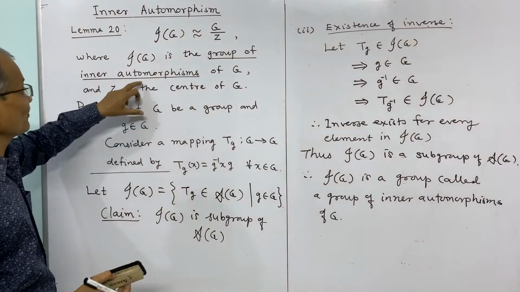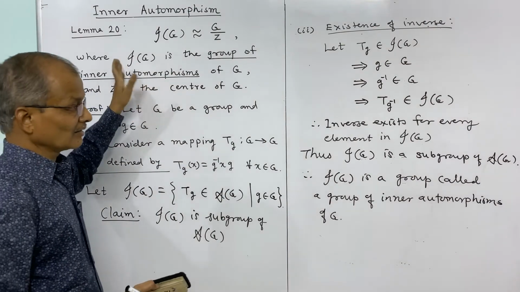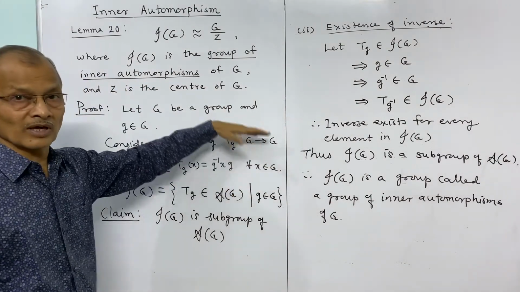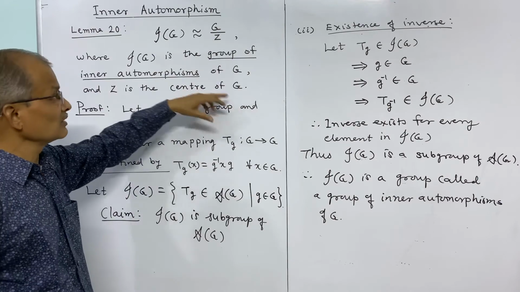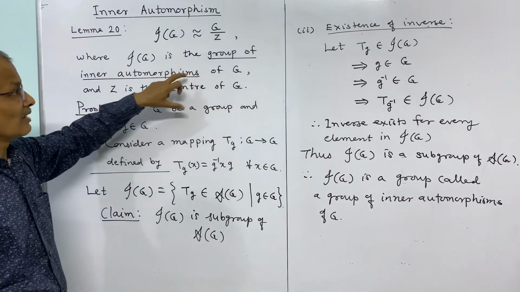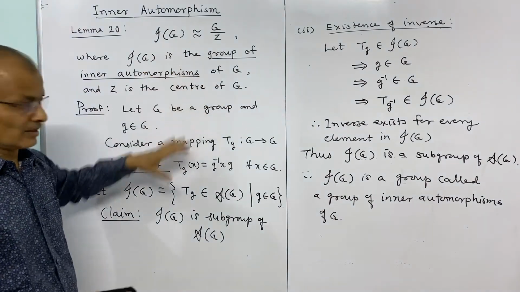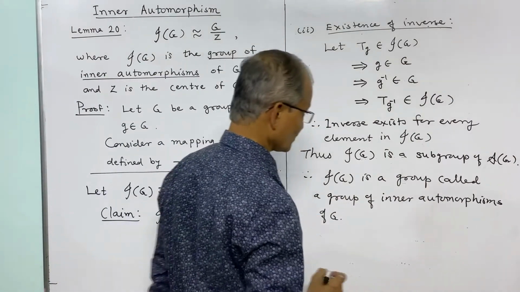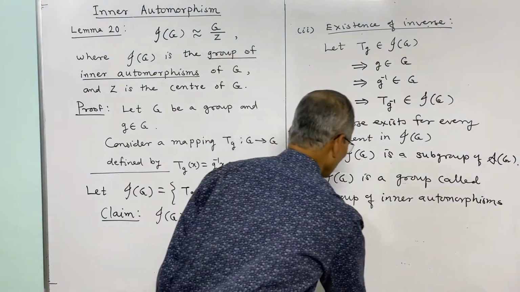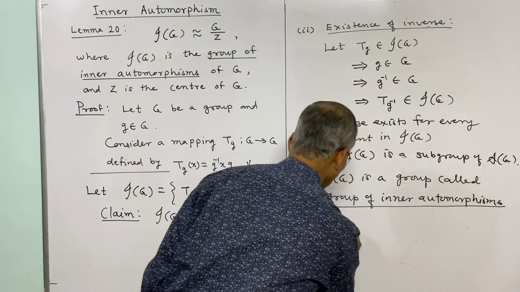Ig is the group of inner automorphisms, and thus we have defined and proved. We are doing both things in the same proof. We are defining the terms and we are proving it, and we have proved it. It is a group called the group of inner automorphisms of G.